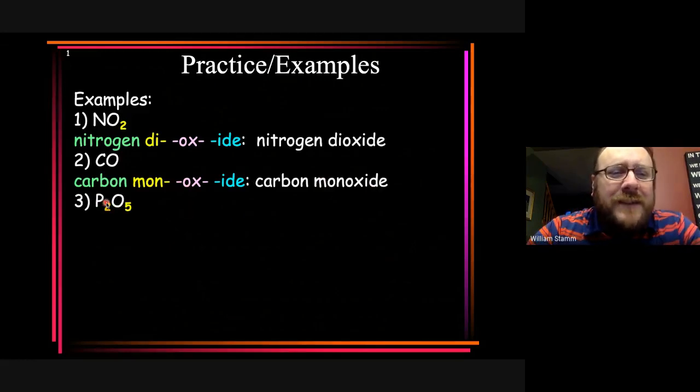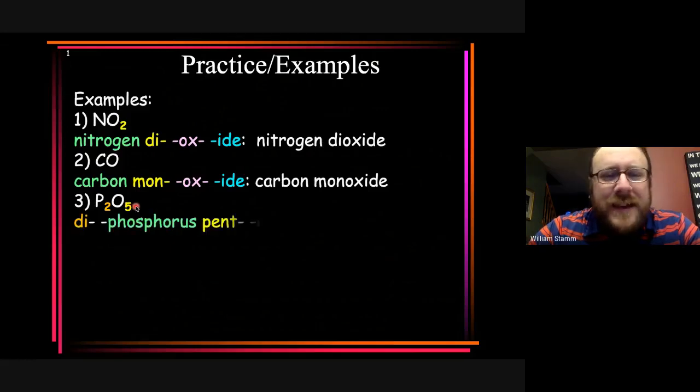P2O5, we have 2 phosphoruses and 5 oxygens. So we have diphosphorus. We do use the prefix here because it's not mono. There's actually more than 1 in the first one, so we have to use the prefix. Diphosphorus, the whole word phosphorus. Pentoxide. We drop the A because this begins with a vowel. Diphosphorus pentoxide is the actual word. Next one, CCl4.